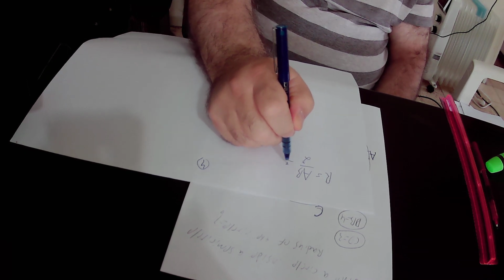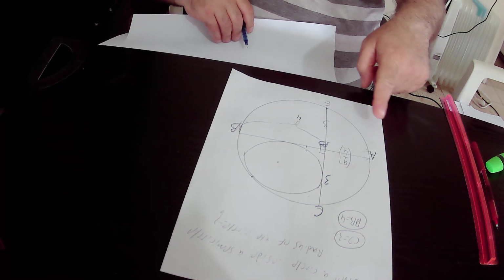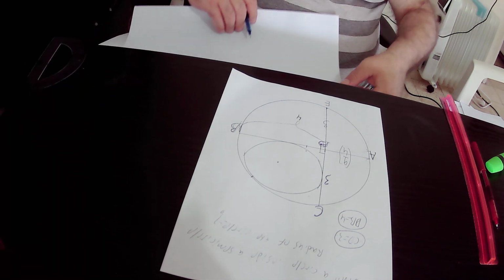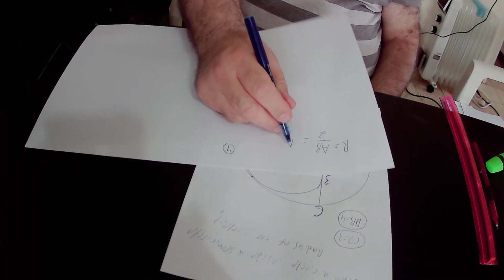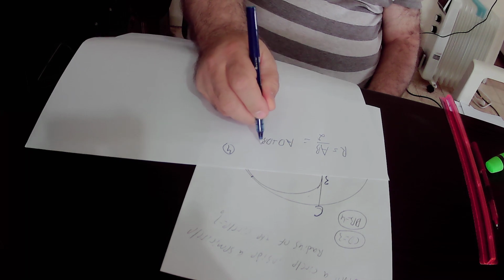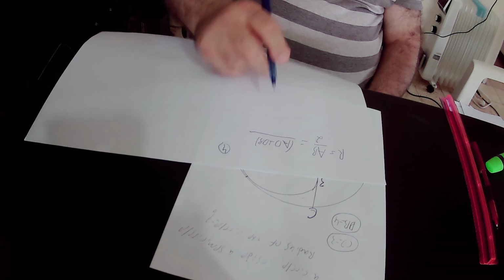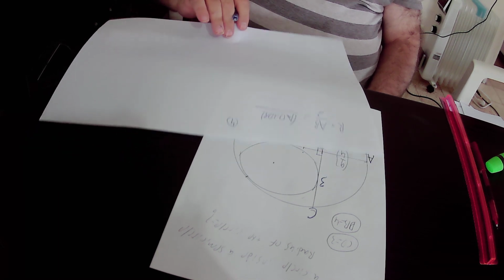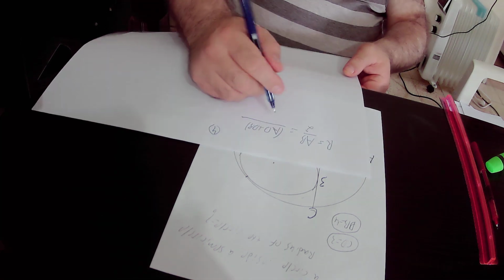AB equals AD plus DB, all divided by 2, of course.